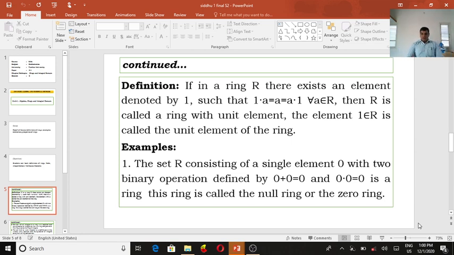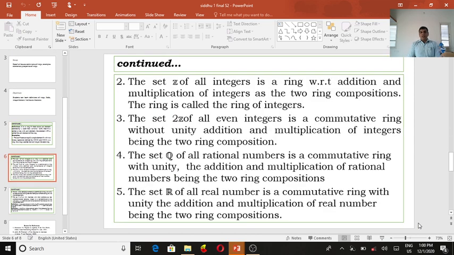After the first definition, a second example: the set Z of all integers is a ring with respect to addition and multiplication of integers, as the two ring compositions. This ring is called the ring of integers.